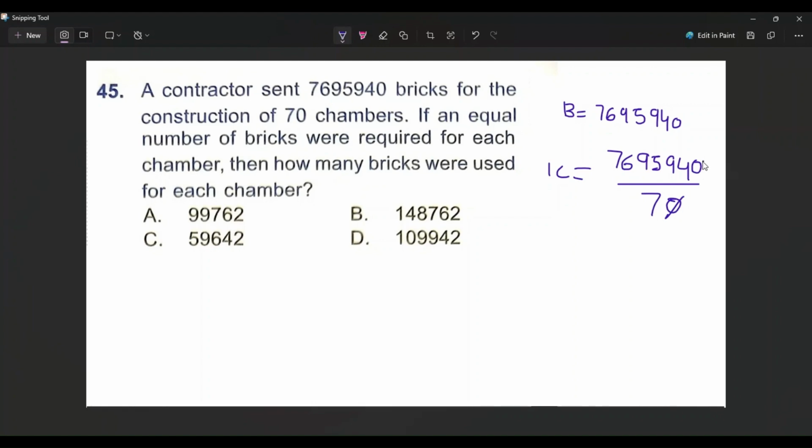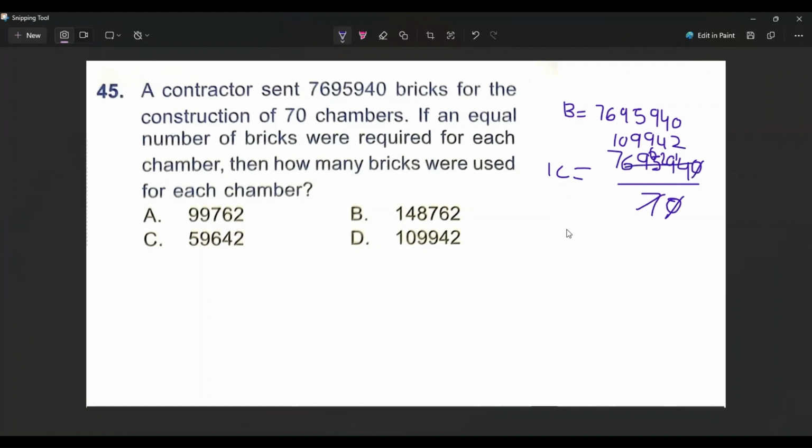So 0 gets cancelled. 7 ones are 7. Exactly divided. So put a 0. 7 nines are 63. So remained with 6. 7 nines are 63. Remained with 2. 7 fours are 28. Remained with 1. 1 4 14. 7 twos are 14.